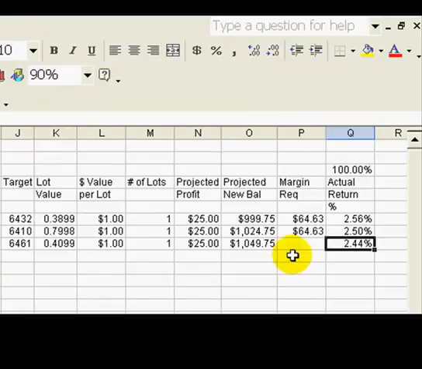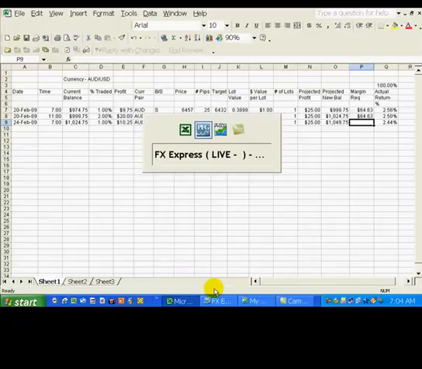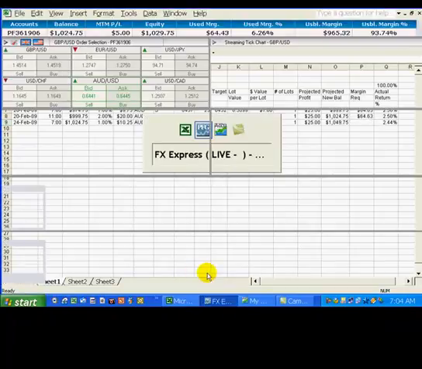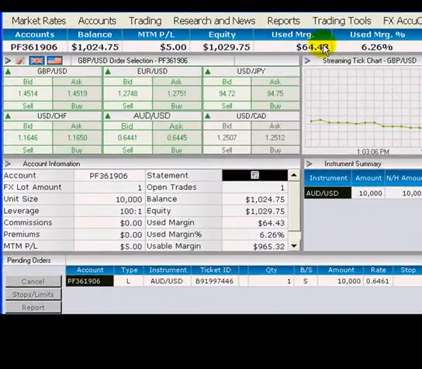Now, margin required. How much money do we have to put up for this trade? Let's go up to our trade station again. Here's our trade station. Up here, 64.43, that's how much money we have to put up for this trade.